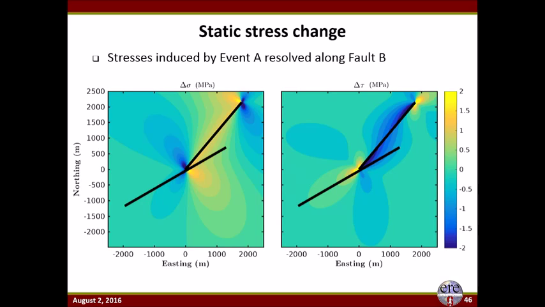And what you'll notice is that right here ahead of that fault A crack tip, fault B is actually experiencing a reduction in normal stress. So that's an unclamping type of behavior. And in terms of the shear stress, you actually see an increased shear. And both of those processes encourage earthquake rupture to occur.